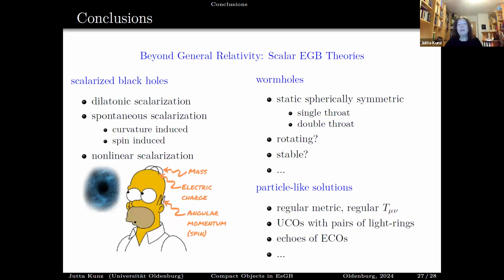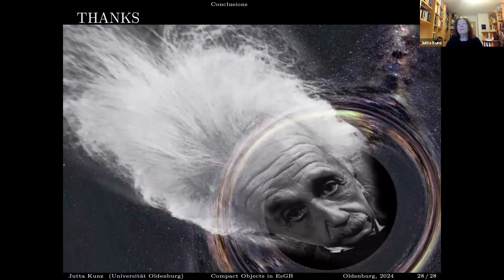And we haven't yet rotated those, neither the wormholes nor the particle-like solutions. And we haven't looked really much at stability, I must say. All these things should still be done, so there are a lot of open questions still in this area. And thank you.